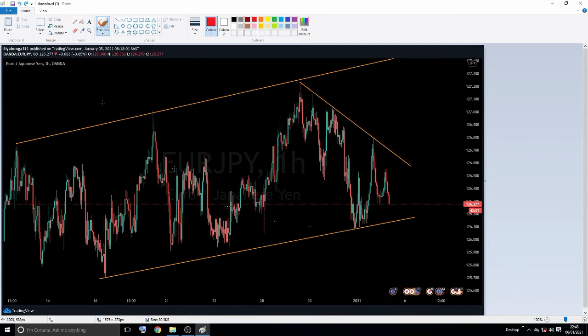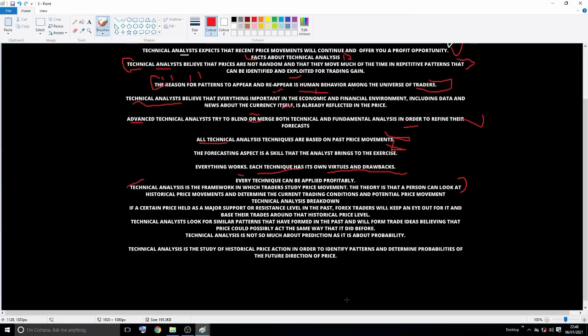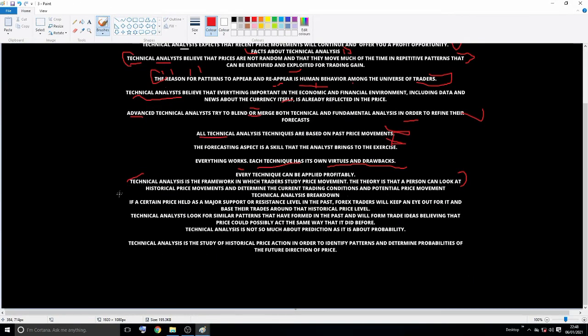Looking at this chart, sometimes it works out. Let's say you drew a line and you say when it breaks you are selling, and yes, you can use this previous move to trade this pair. You can use the past to try and predict the future in the market. It's absolutely normal. We do it all the time.